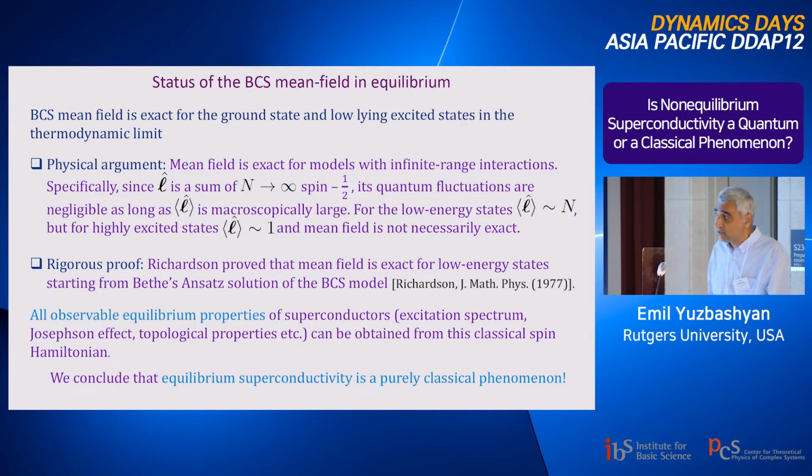Moreover, there is actually a rigorous proof due to Richardson that mean field is exact for low energy states. The BCS model is Bethe ansatz integrable, and using this Bethe ansatz solution, Richardson was able to show that mean field is indeed exact for the ground state and low-lying excited states.